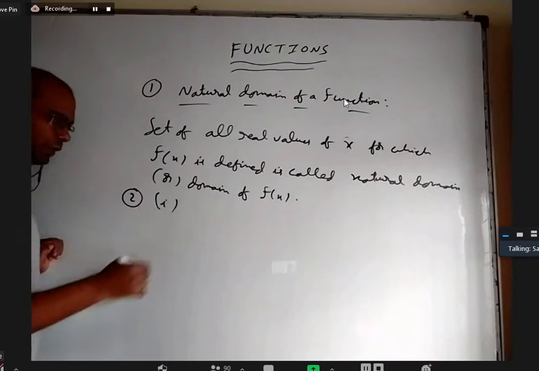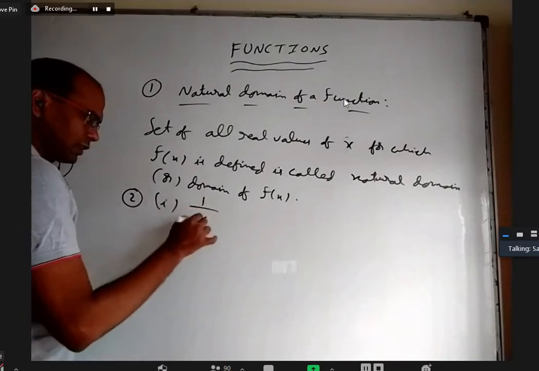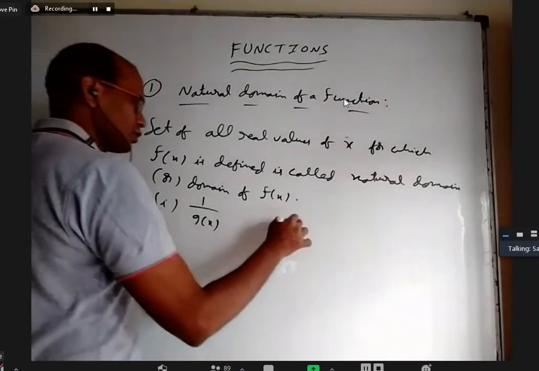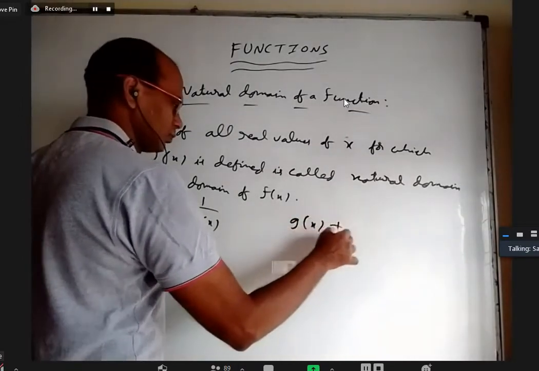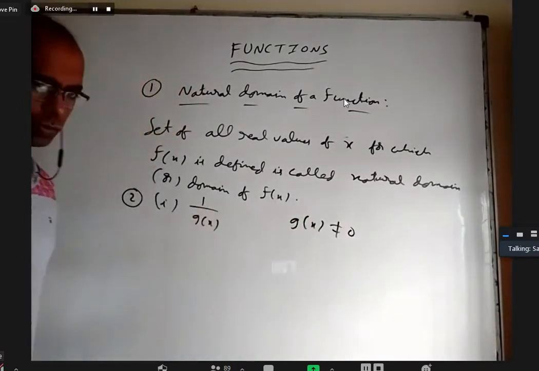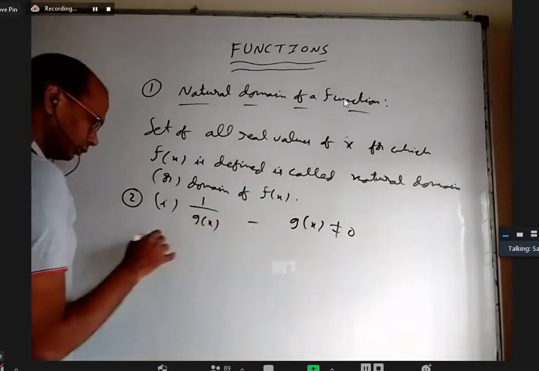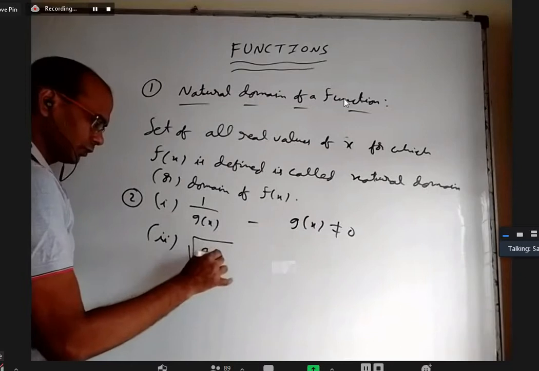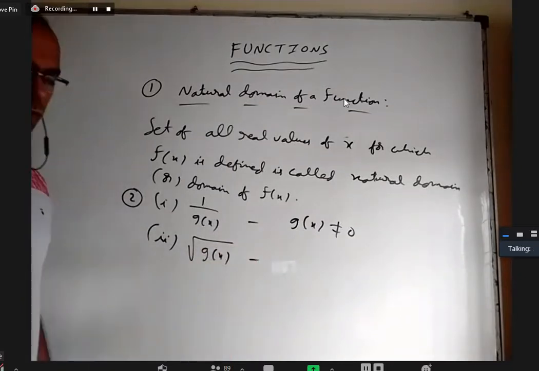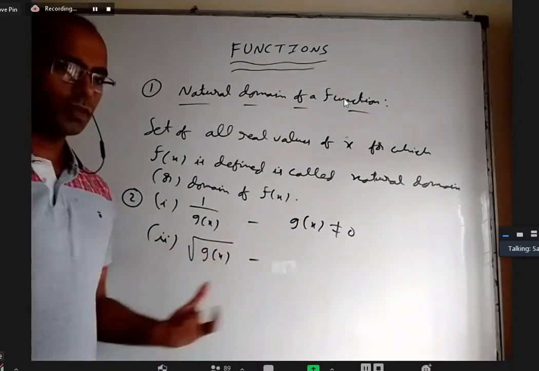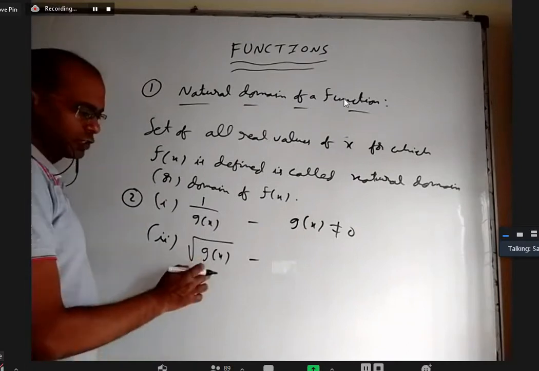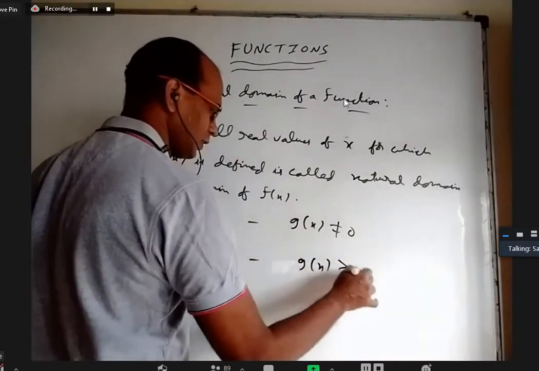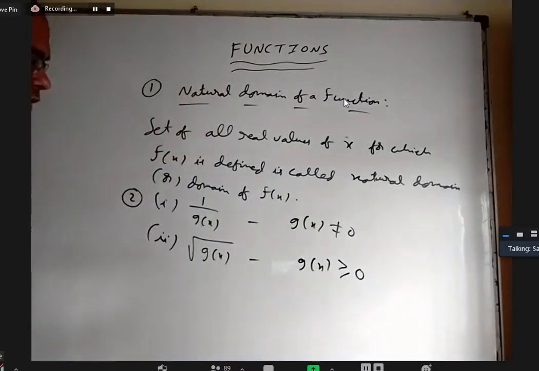First point, if something is in the form of 1 by g of x, g of x should not be 0, because whenever the denominator becomes 0, it will not be defined. If something is inside a square root, what is inside the root cannot be negative. It can be 0 or positive. So g of x should be greater than or equal to 0. That's how you can find the domain.